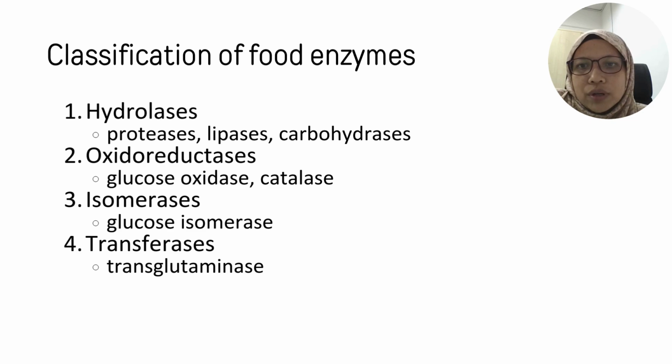And then number four is transferase. Contohnya is transglutaminase. So the transfer of functional groups to the other structure. So you can faham and understand the meaning behind these enzymes.